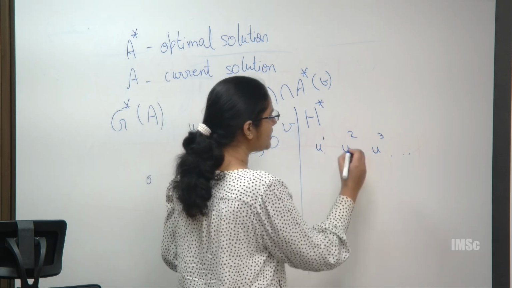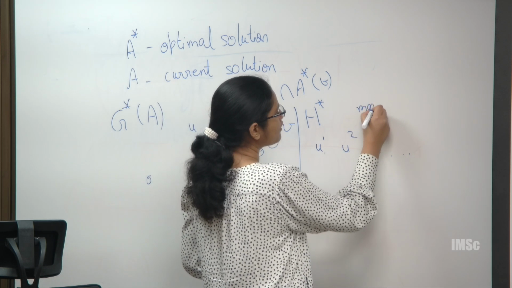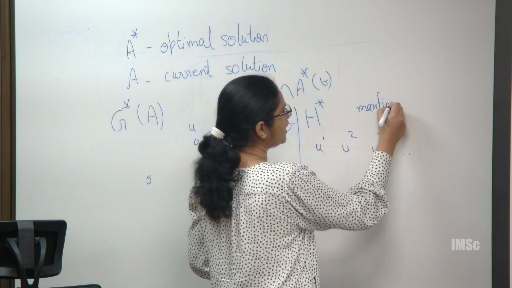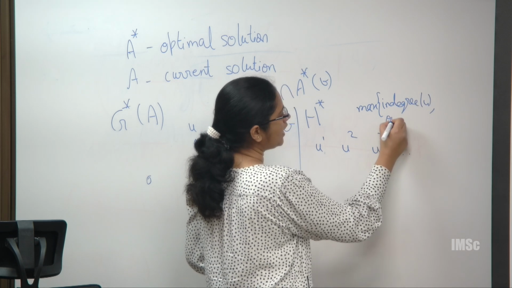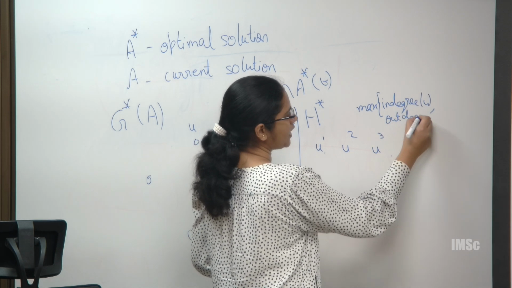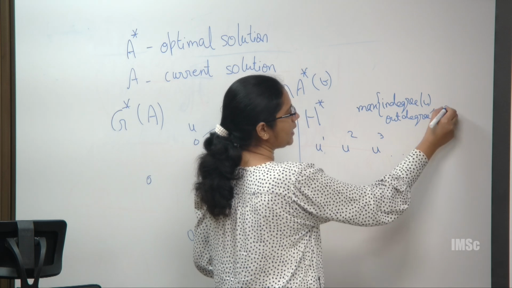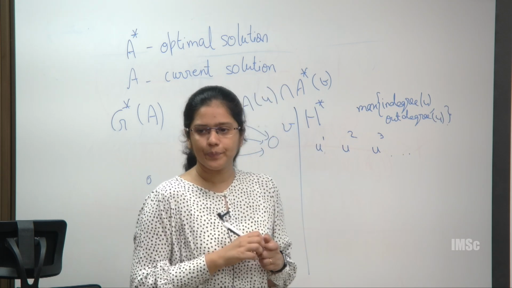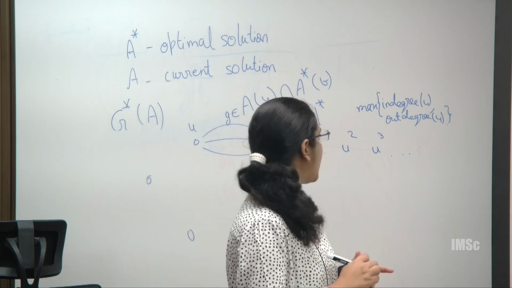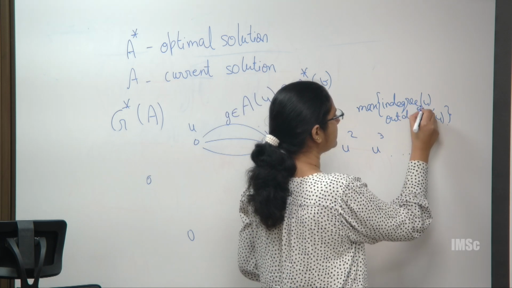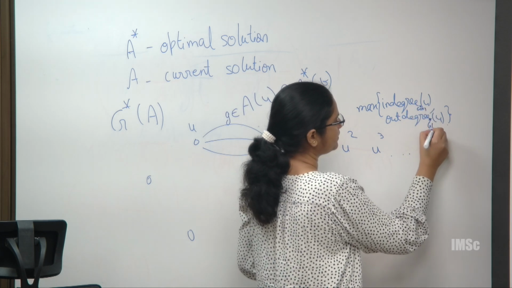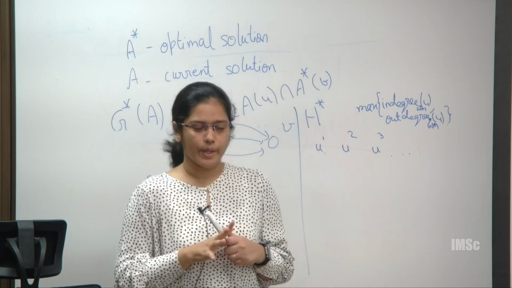How many copies? Max of in degree of U, out degree of U, in G star A. I will say why in a minute.